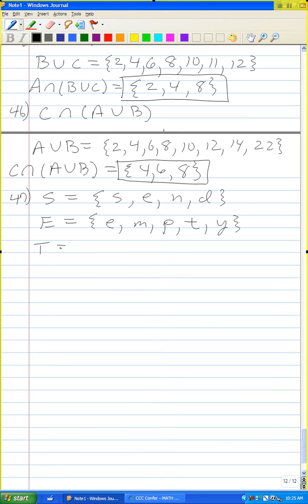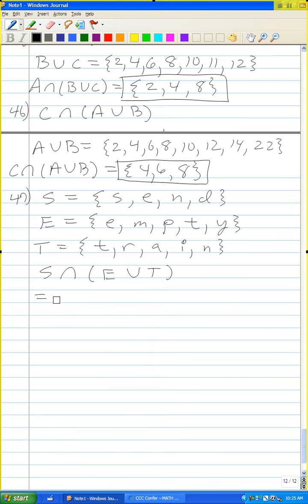T is the set of letters in the word train, TRAIN. 47. Determine S intersect E union T.